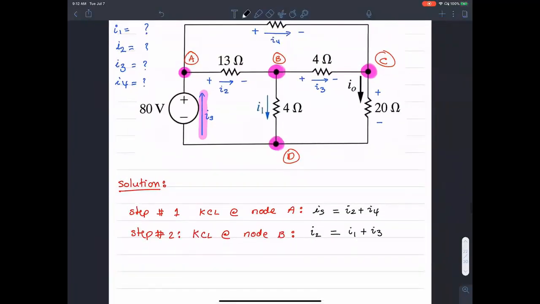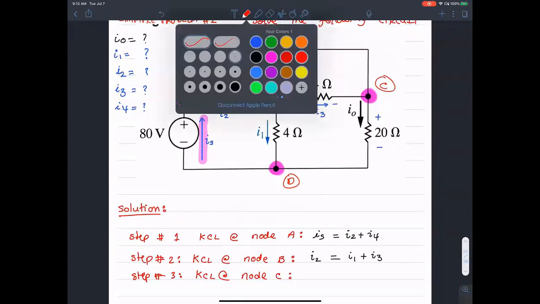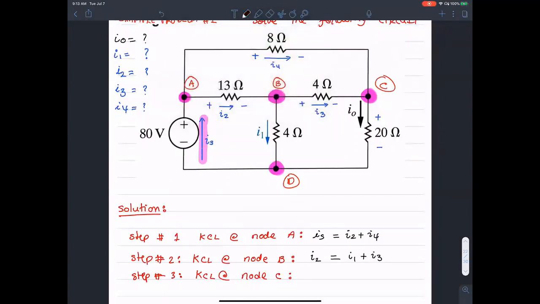Let me apply KCL at node C as well. There are 2 currents coming in: I3 coming in from the left, and I4 coming in from the top, through the 8 ohm resistance.